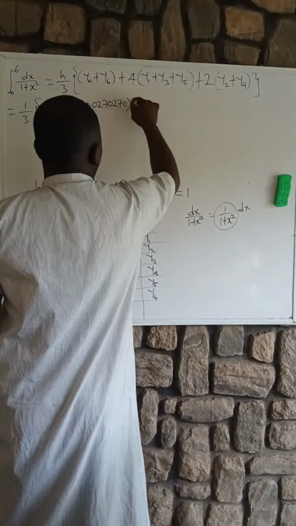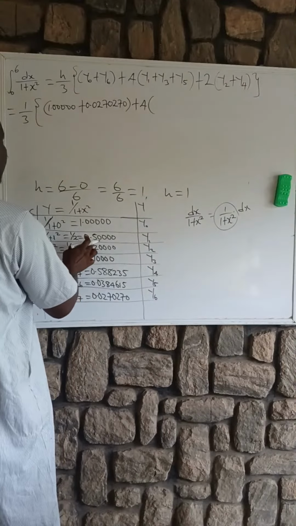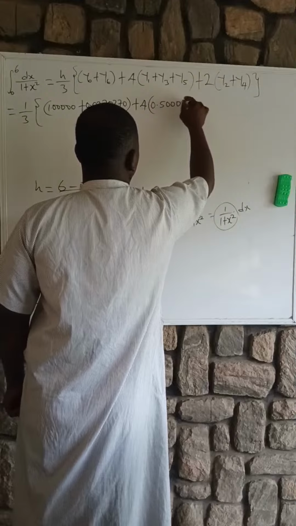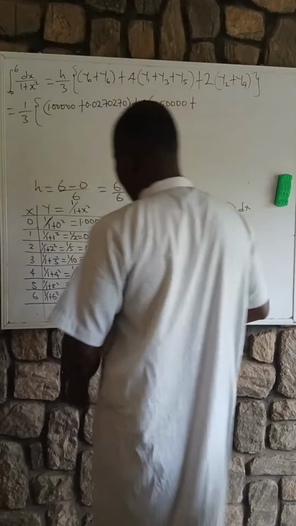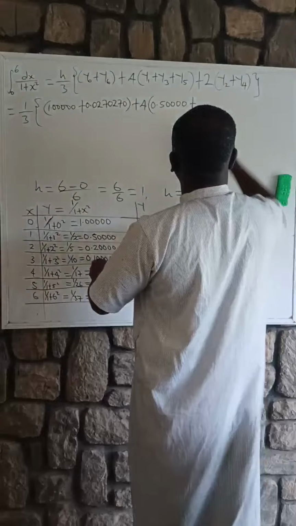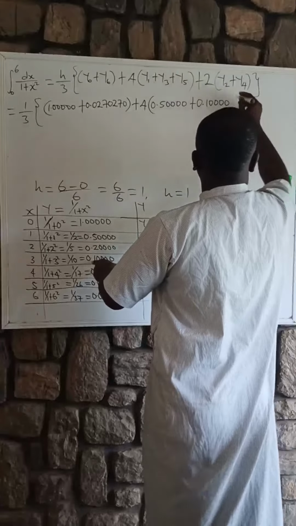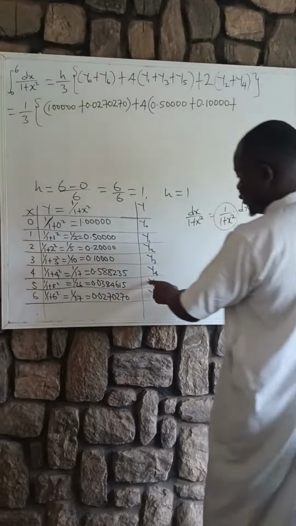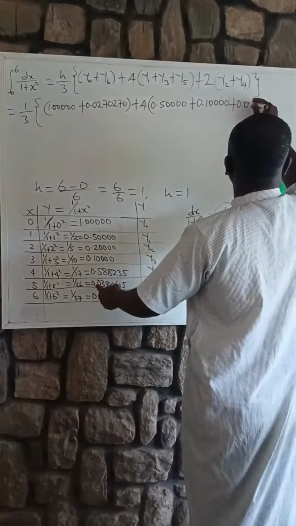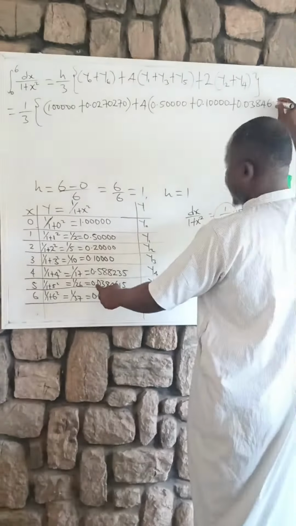Then close the bracket, plus 4, open bracket, y1 is this, 0.5000, then plus y3 is this, 0.1000, then plus y5 is this, right? y5 is 0.0384615.